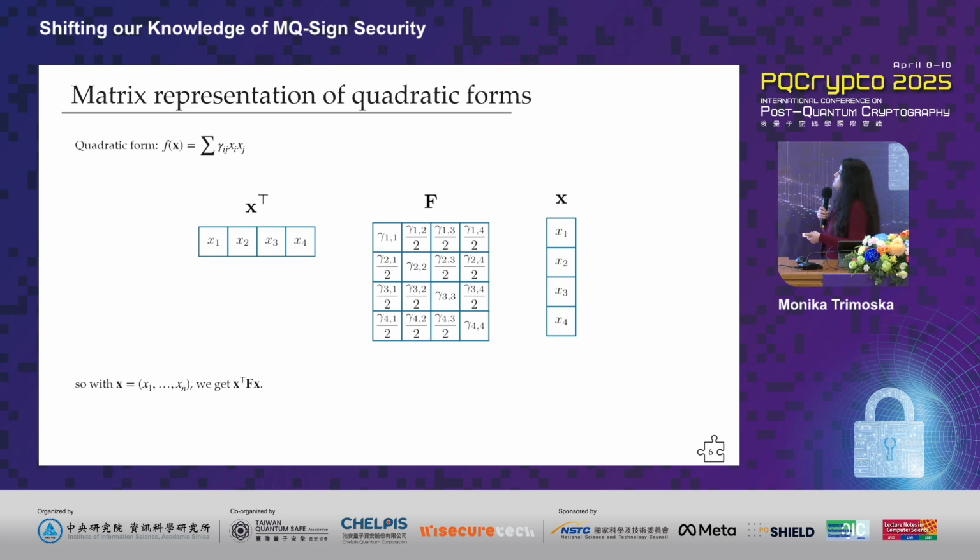And so if you do this, actually, you see that if you multiply a vector with this matrix in the middle that represents your quadratic map, and you multiply it with the vector also on the other side, you get exactly this polynomial. So that is why this symmetric matrix represents exactly your quadratic map.